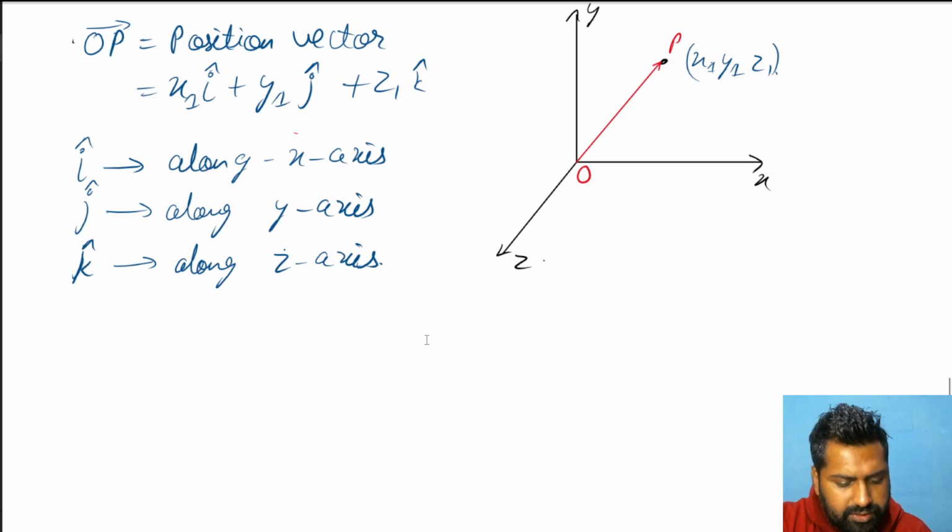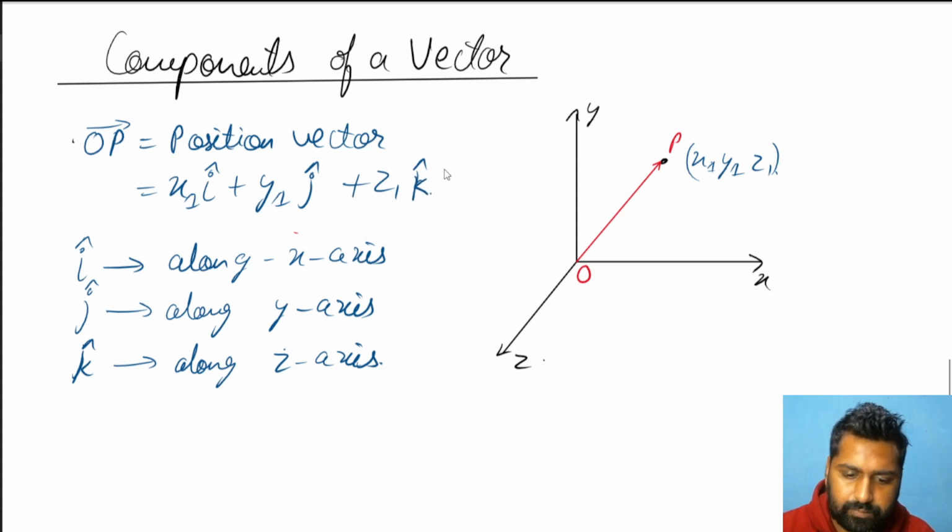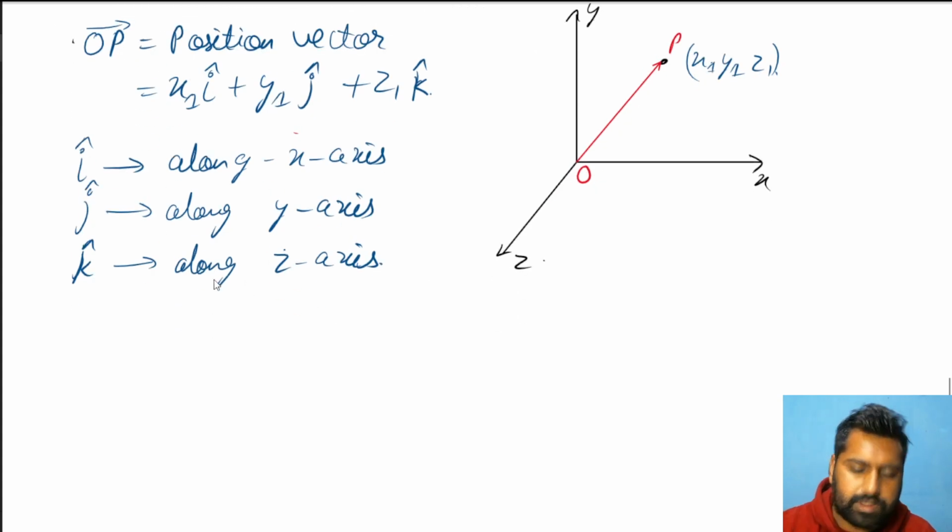So that's your position vector. It's not necessary to always do it in 3D. You can do it in 2D also, like x1 i cap, y1 j cap. There is no necessary condition that k cap also has to be there. Now let's write a vector and see a few points about it.